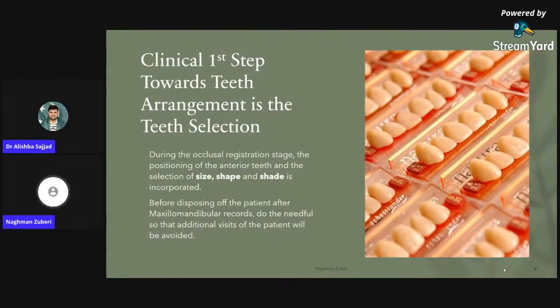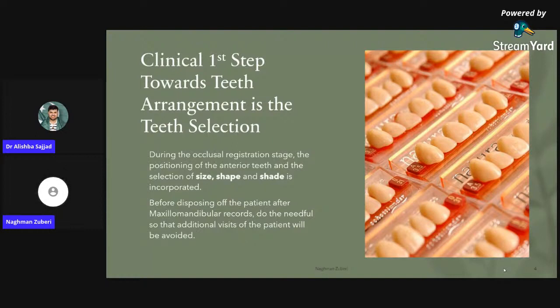The clinical first step towards teeth arrangement is the teeth selection. During the occlusal registration stage, the position of the anterior teeth and the selection of size, shape, and shade is incorporated. It is not that after you have taken the maxillomandibular relationships, including the face bow records, vertical, centric, and protrusive, you dispose of the patient.